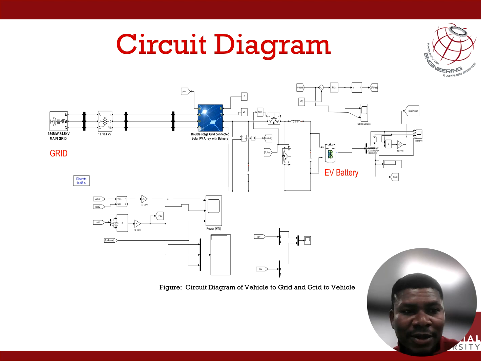We also have our communication interface. This component enables the exchange of information between the EV charging system and the grid operator. It allows for real-time monitoring, control, and coordination of the charging or discharging processes.